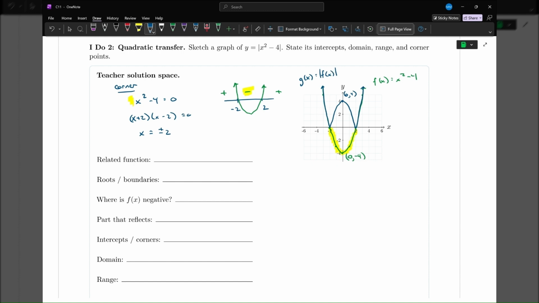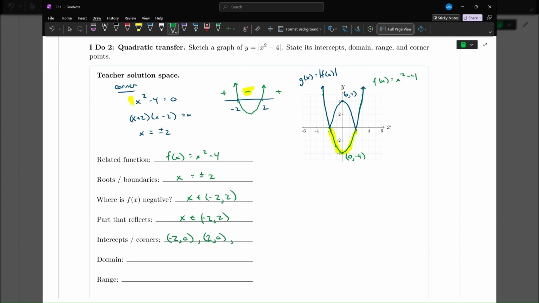So filling in what we have: the related function, that inner function f of x, is x squared minus 4. It had roots at plus and minus 2. We knew it was negative for anything between those two roots, from negative 2 to 2, which is the part that reflects. The intercepts and corners are negative 2, 0 and 2, 0.